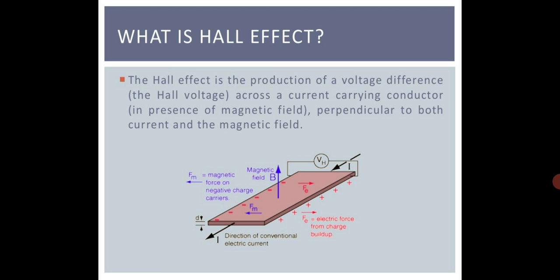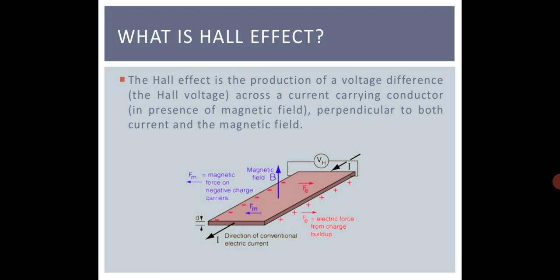So what is Hall voltage? When current is flowing through any conductor and we are applying external magnetic field perpendicular to it, then there is a generation of voltage, that is nothing but the Hall voltage, which is perpendicular to both the current direction as well as to the magnetic lines of flux.